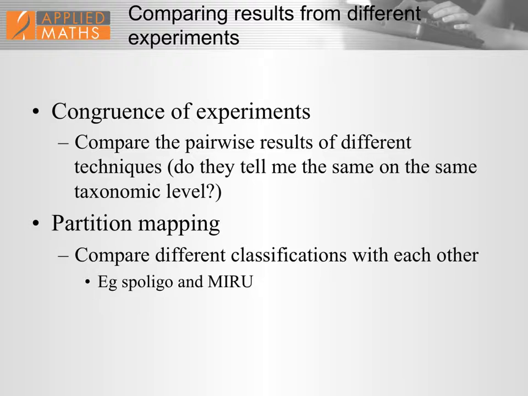You can compare, for example, MIRU and spoligotyping, but what you can also do is compare a very old technique, phage typing, for example, with MLST, and see if you can, for example, predict, based on your MLST pattern, your phage types, which basically you can do.